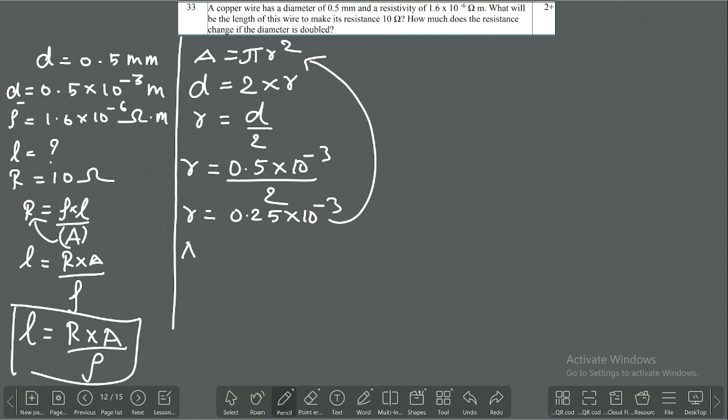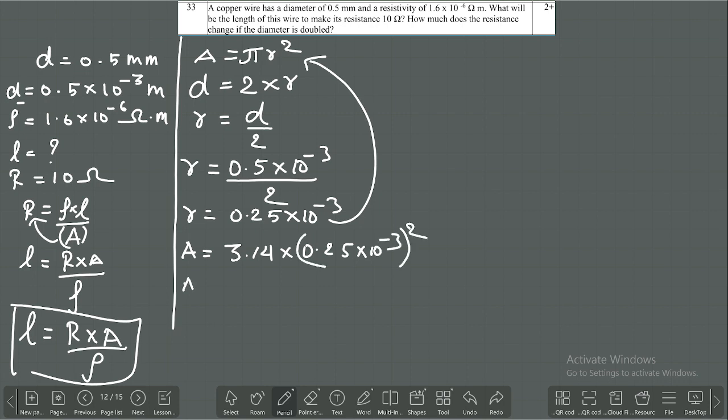So A is equal to, we all know that the value of pi is 3.14, let us write that, and the value of radius we found is 0.25 into 10 to the power of minus 3, the whole square.